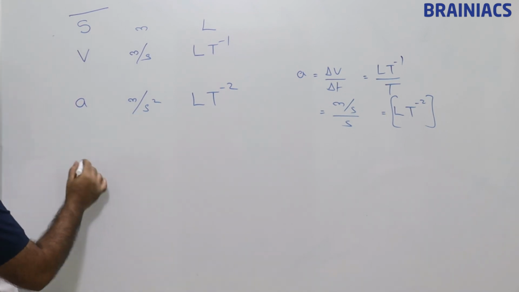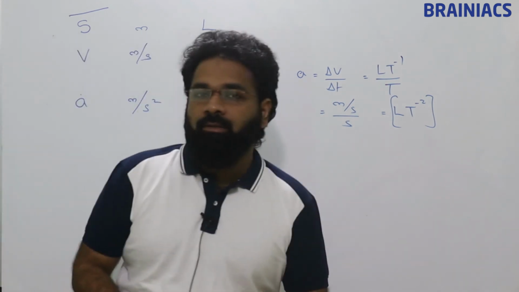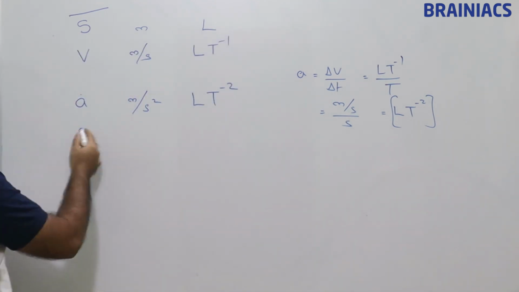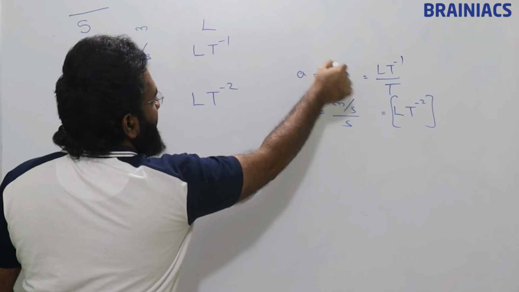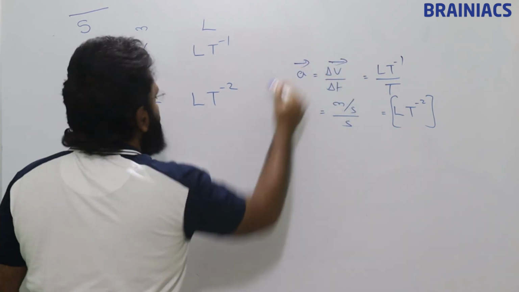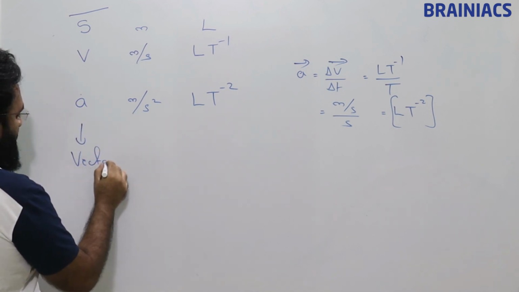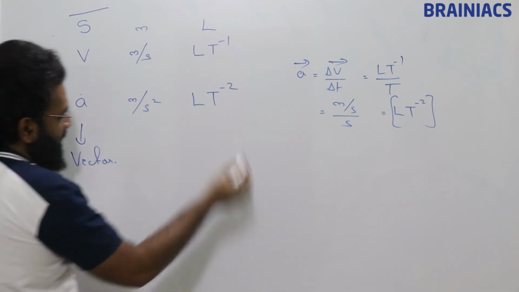And acceleration is also a vector. Acceleration is also a vector because acceleration is velocity by time, or change in velocity by time. This is actually a vector.